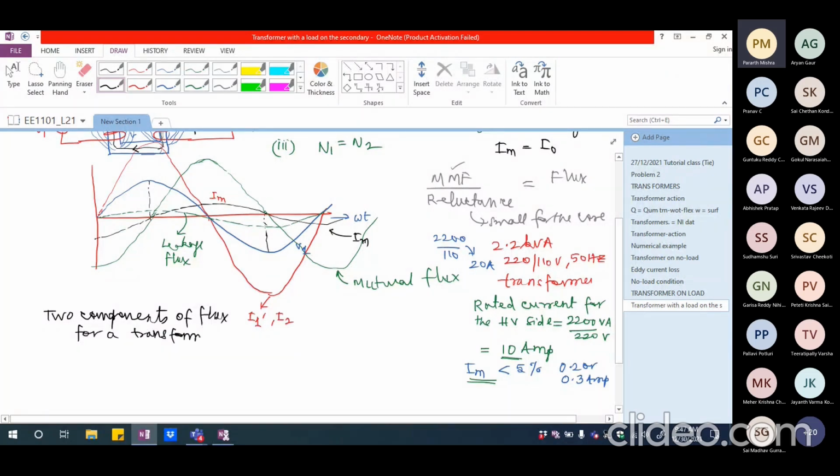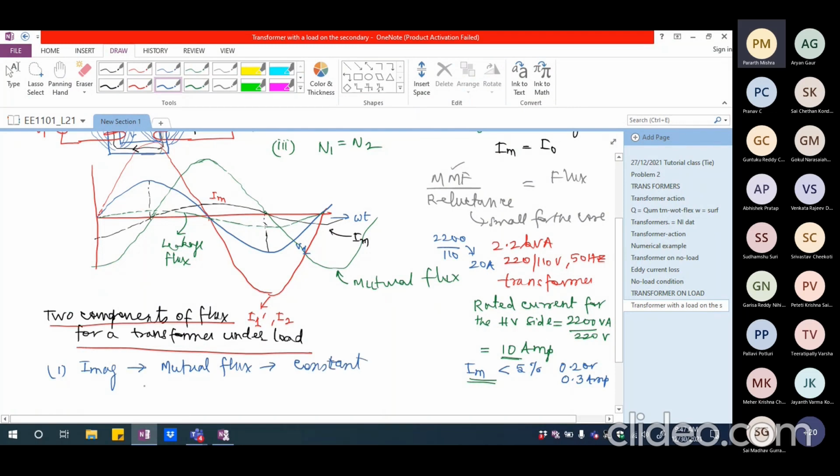When a transformer is on load, you are going to have two components of flux. The first component of flux is essentially due to the magnetizing current. That is going to be the mutual flux. And this is going to be a constant because it is established based on the applied voltage and frequency.